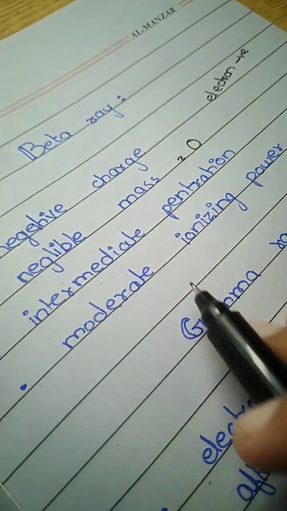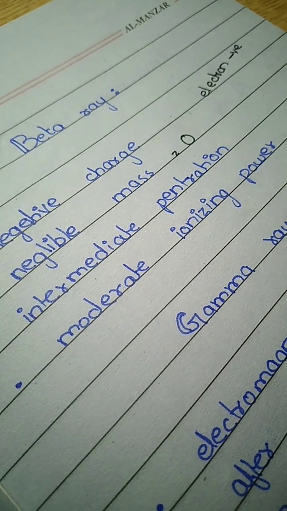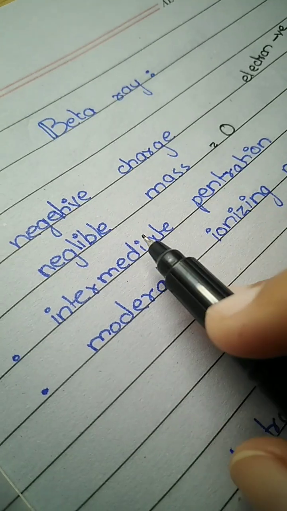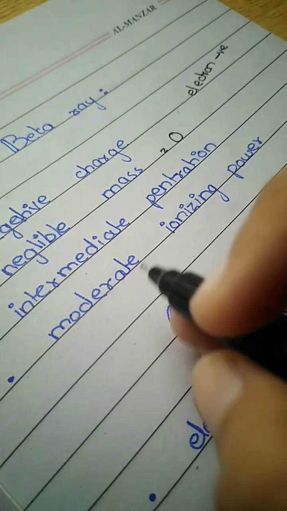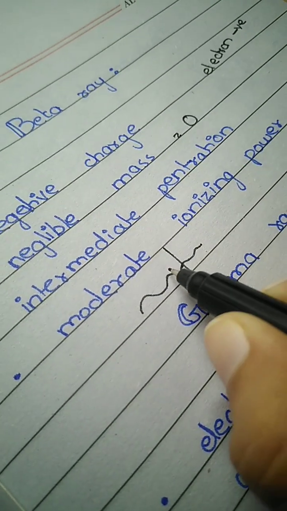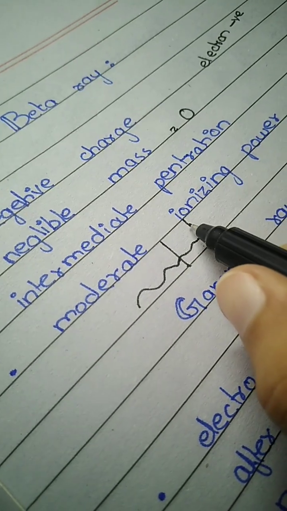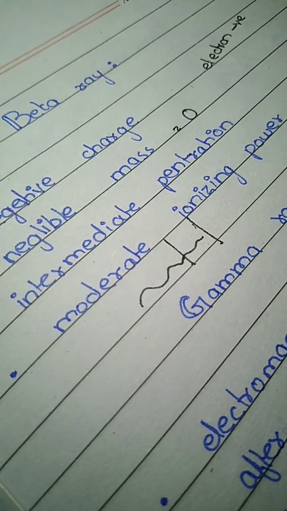As it is, beta rays are also negatively charged and light in weight or mass. Negative charge, it has a charge but has no mass. Intermediate penetration: it can penetrate some types of paper, but it cannot penetrate highly particle-consisting material or papers.